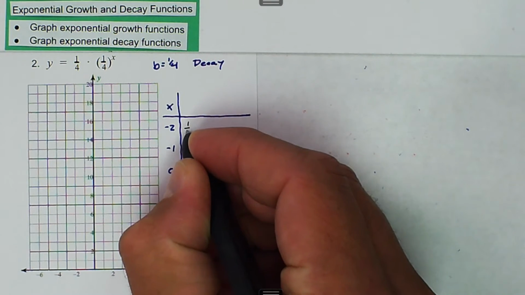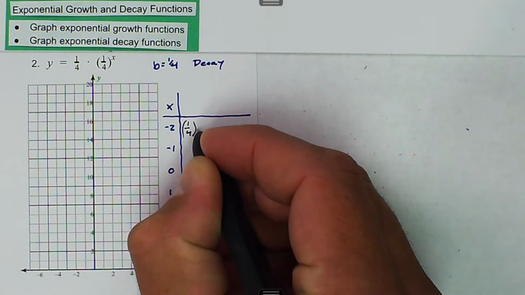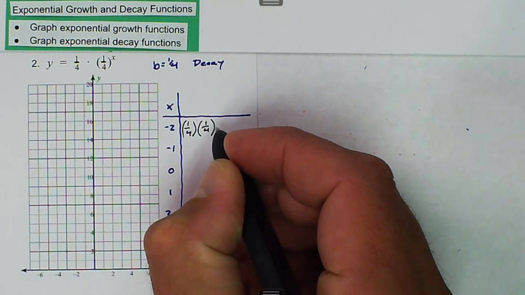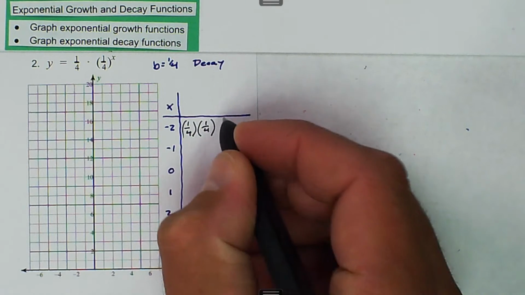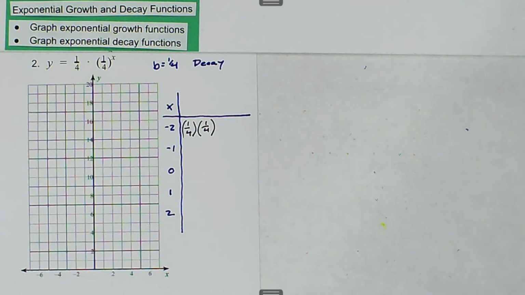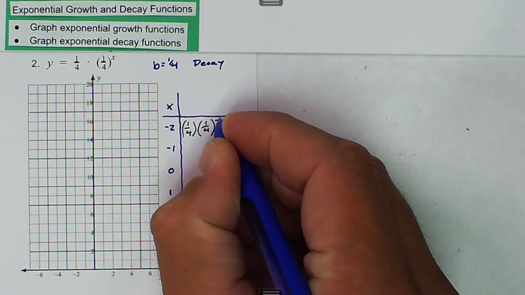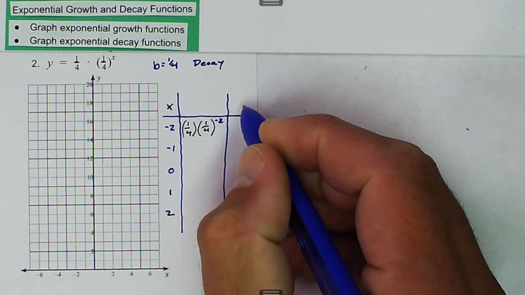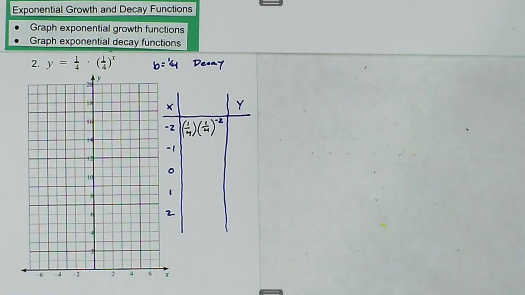So we're going to have 1/4 times 1/4 raised to the -2 power. And then when we substitute that in, that's going to tell us what our y value is going to be.